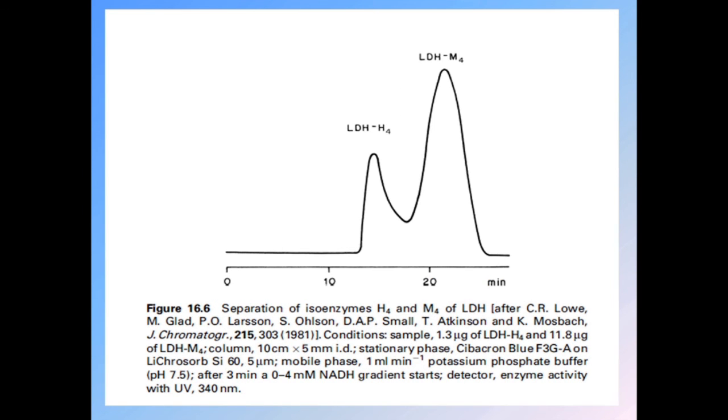A post-column reactor for measuring enzyme activity was used as a detector. Antibodies as well as antigens can be used as a ligand. This case is often referred to as immunoaffinity chromatography.